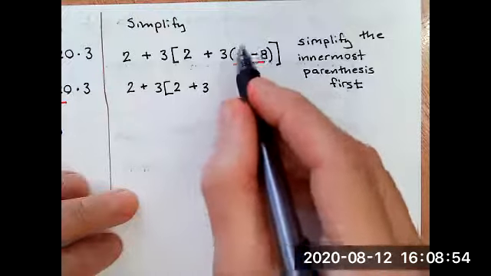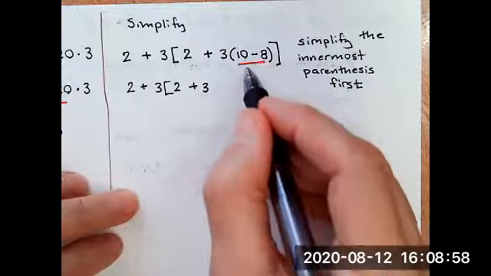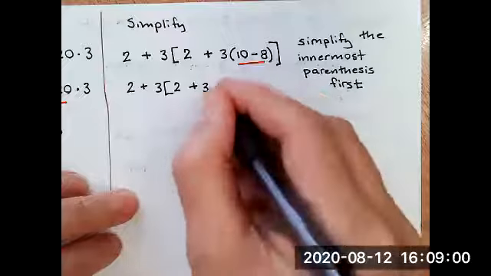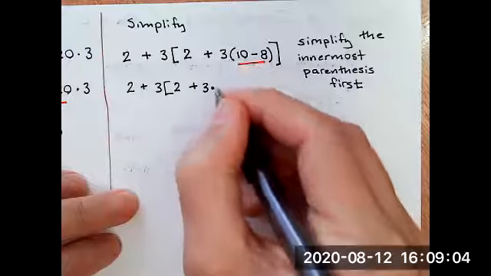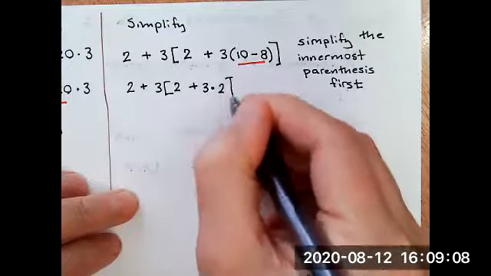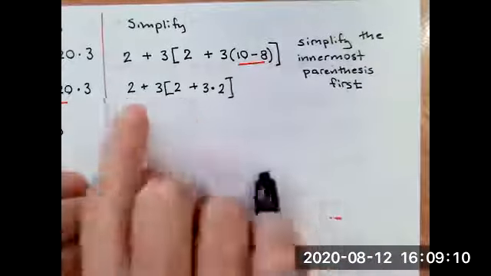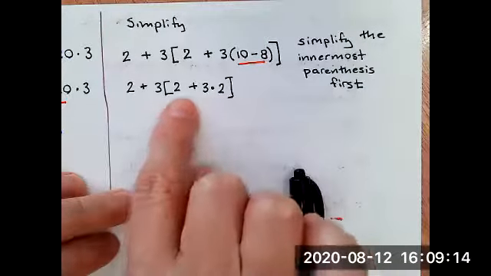And now that we've simplified everything inside the parentheses and the result is positive, we no longer need the parentheses. So the 3 is touching. That means it's times. And we get 2. Now we still have operations inside the parentheses.